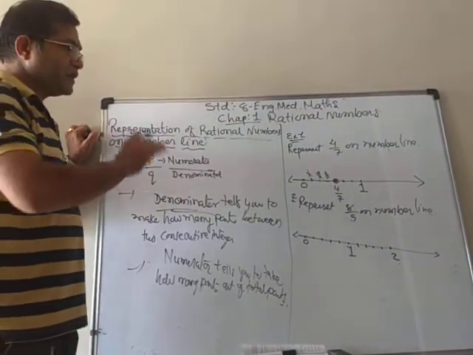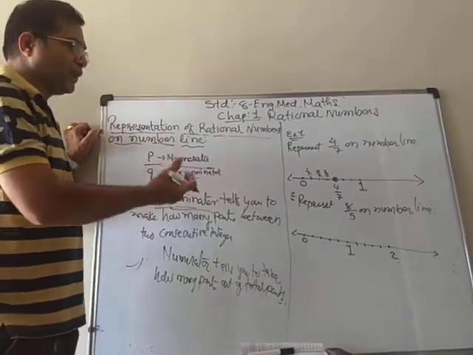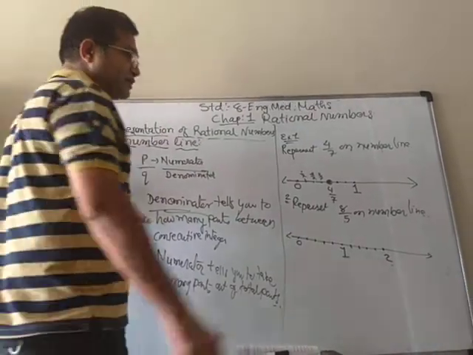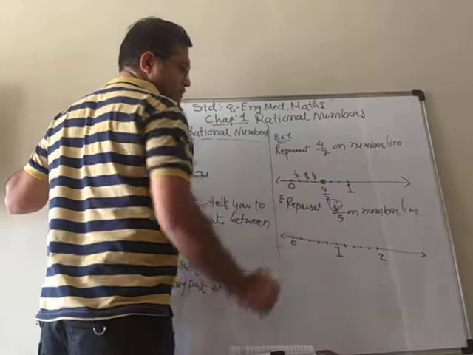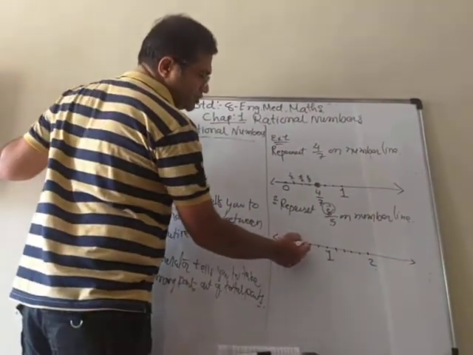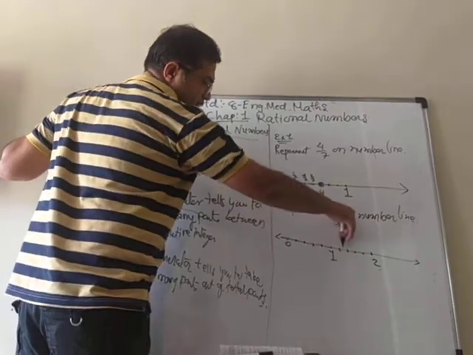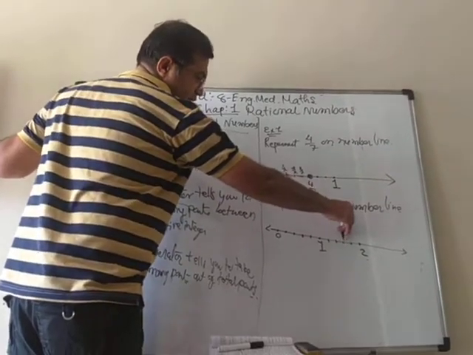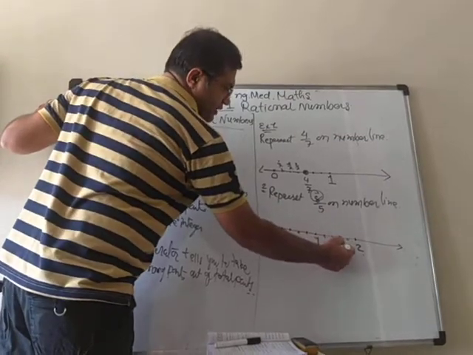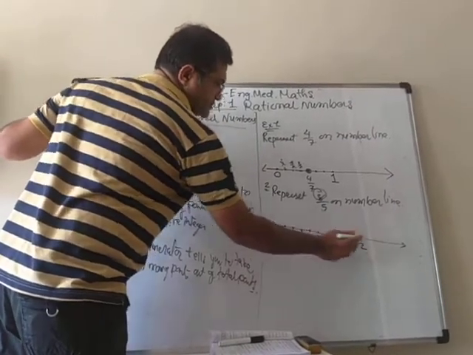So now we make 5 equal parts between 0 to 1 and 1 to 2 also. Now we have to take 8 parts out of that one. It means that you have to go here from 1, 2, 3, 4, 5, then 6, then 7, then 8. So that number represents 8 upon 7.